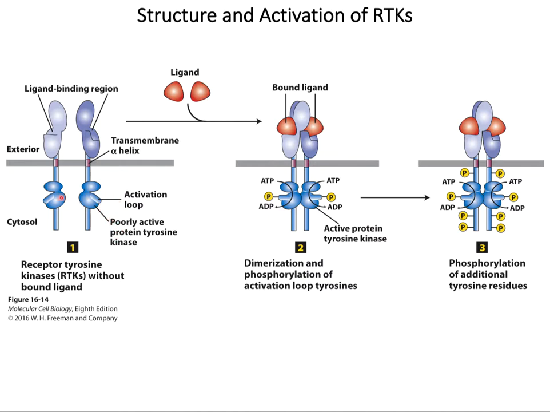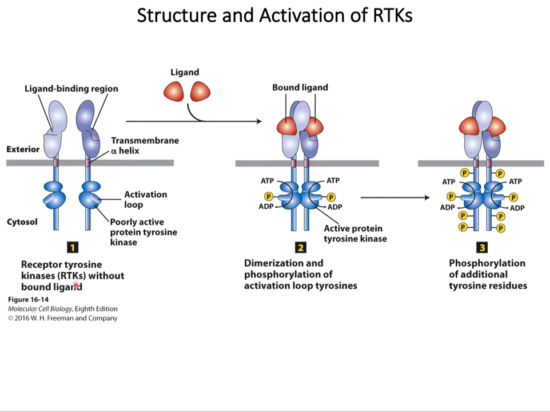So the tyrosine kinase activity is associated with the cytosolic domain. And when these cell surface receptors are not activated, so when they are not bound with a ligand, they exist as monomers in the plasma membrane. So they are single proteins in the plasma membrane.